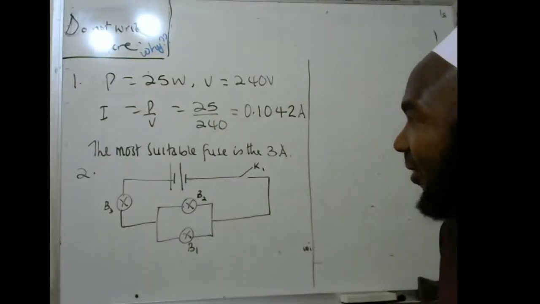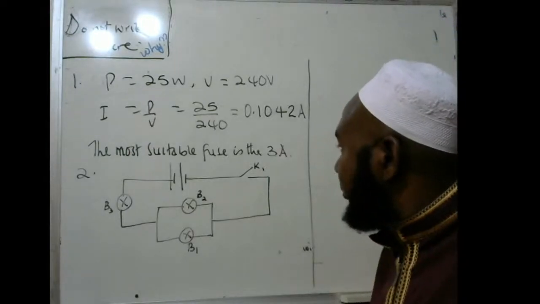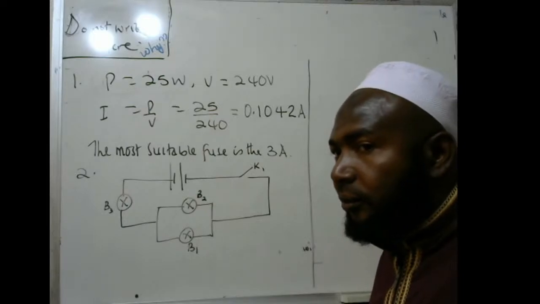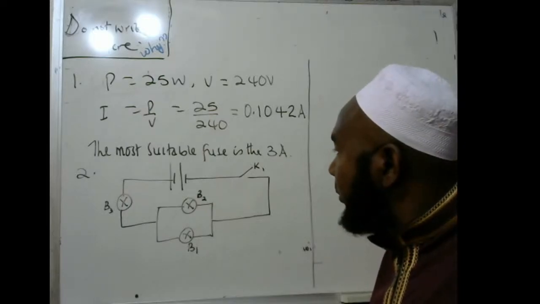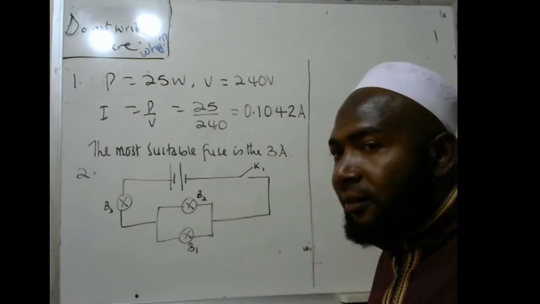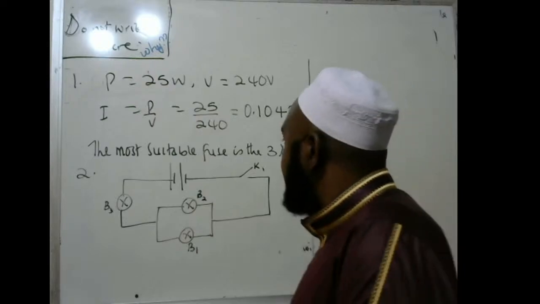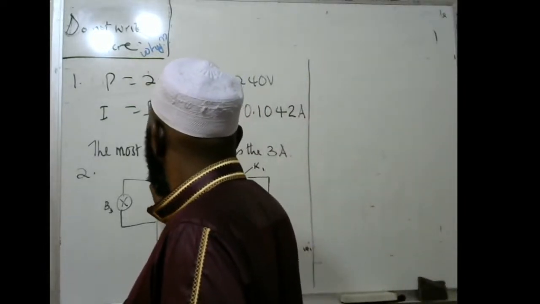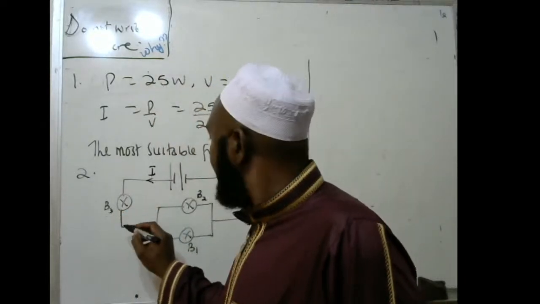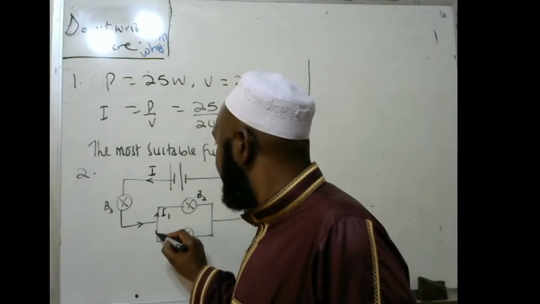Because the current flows in these ones that are connected in parallel, they have to share the current, which means it's going to disperse. Yes, they are going to share the current because the current supplied here is I, and all the supplied current goes through B3. And when it reaches here, the current is going to be shared.